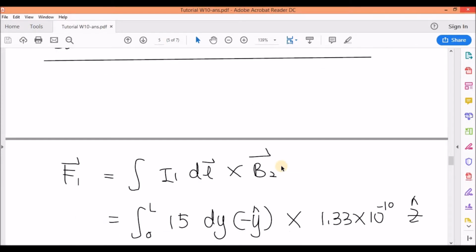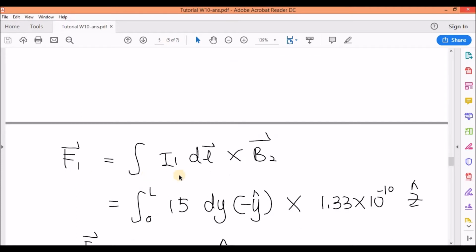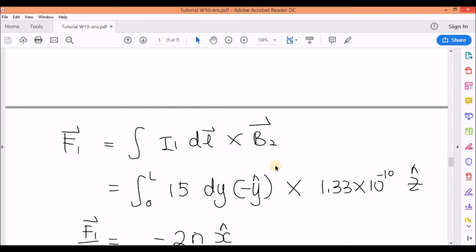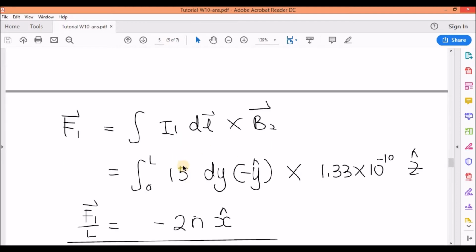Now we have to find the magnetic force experienced by I1. So this one will be our formula. So here we have I1, and here is B2. So I1 is 15. So look at your I1. Your I1 is oriented in the y direction, and the current is flowing in the negative y direction. And here we define the length of the current filament. So this is an infinite current filament. So I simply put a length for this current filament.